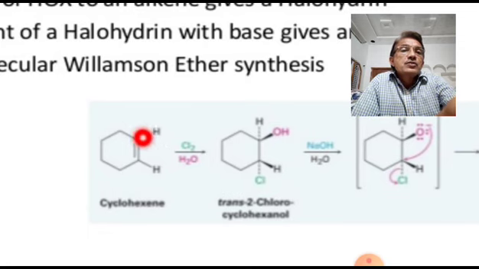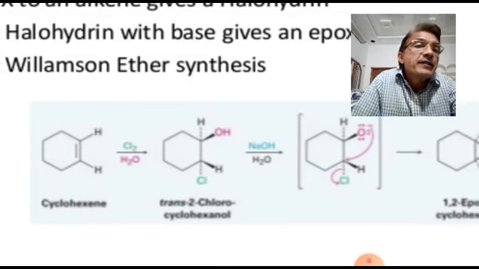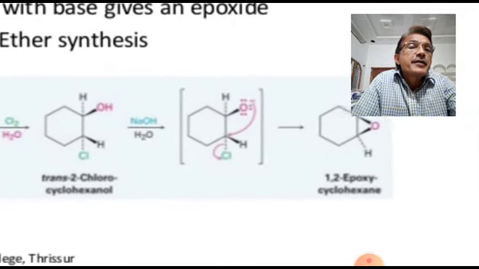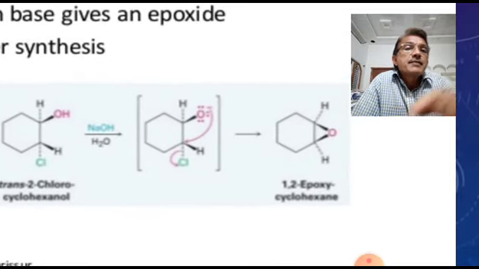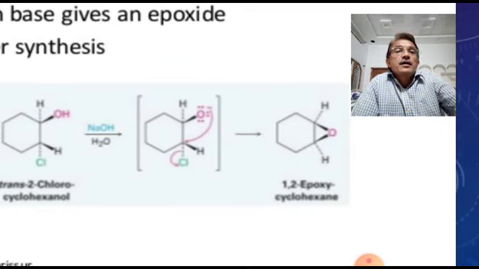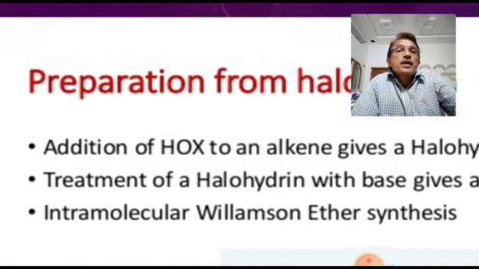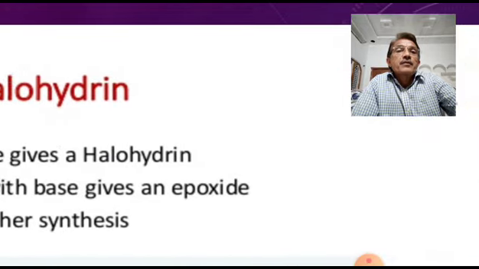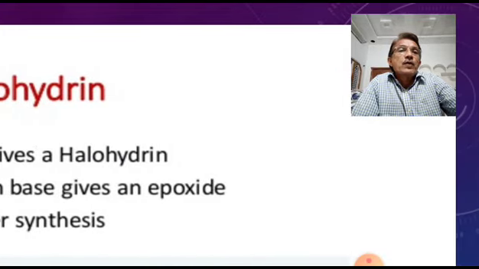This trans-2-chlorocyclohexanol on treating with NaOH gives an intermediate compound. Ultimately, this intermediate compound is converted into 1,2-epoxycyclohexane. So this is also one of the methods to prepare an epoxide from halohydrin.